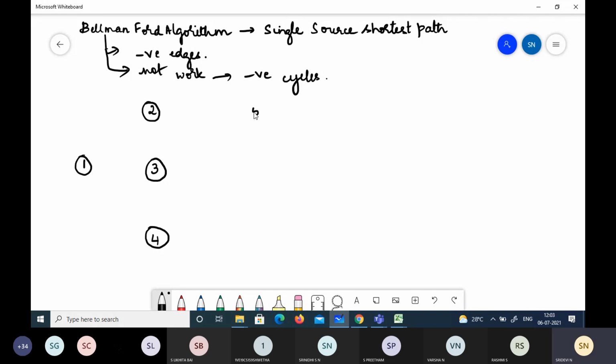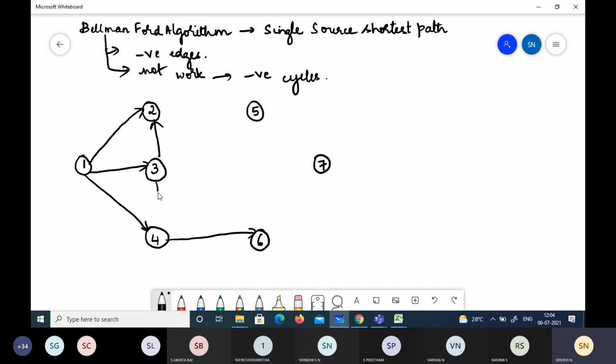So the number of vertices in the graph is 7. So the maximum number of edges we can have is 6 edges. So 1 to 2, 1 to 3, 1 to 4, 1 to 6.